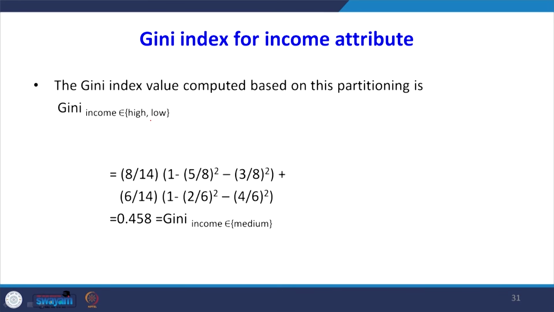In high and low, there were totally 8 values, so 8 divided by 14. In that, 1 minus, there were 5 yes out of 8, so 5 divided by 8 whole square, minus 3 no, 3 divided by 8 whole square, plus for group D2, that is medium, there were 6 elements out of 14, 6 divided by 14, 1 minus, how many yes were there?